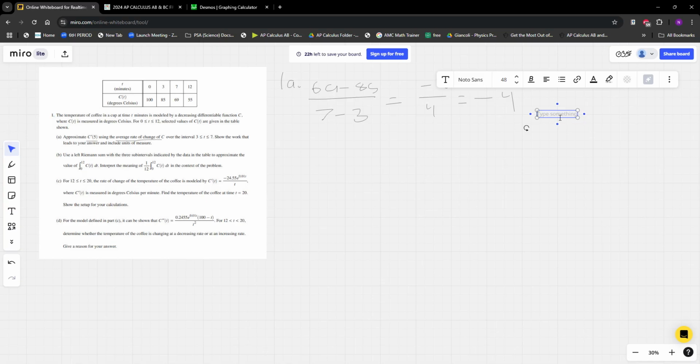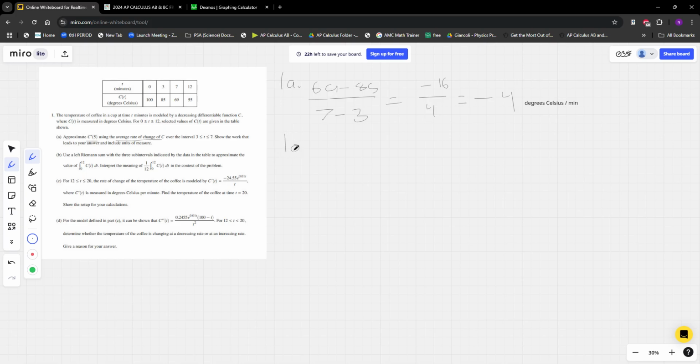So it'd be negative 4 degrees Celsius per minute. So at t equals 5, the function is decreasing at 4 degrees Celsius a minute. That's 1A.